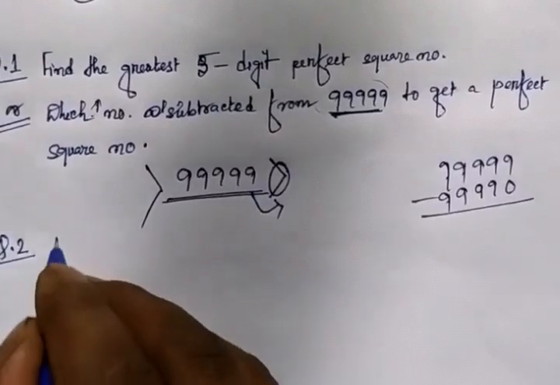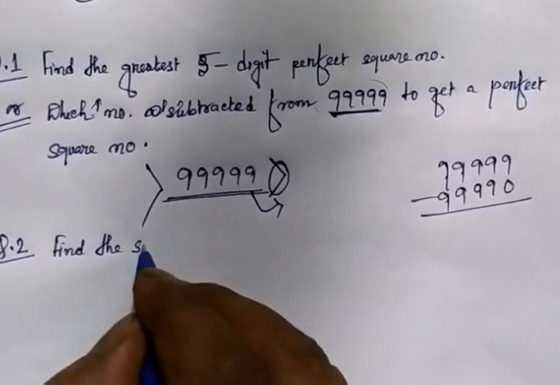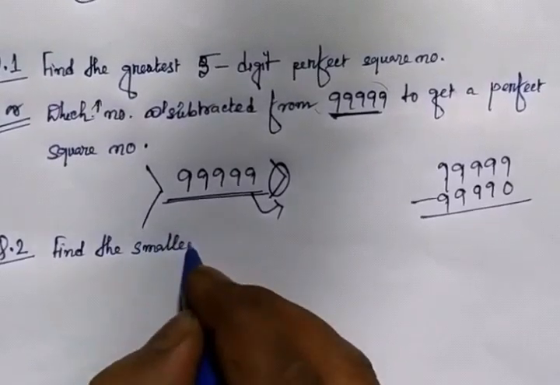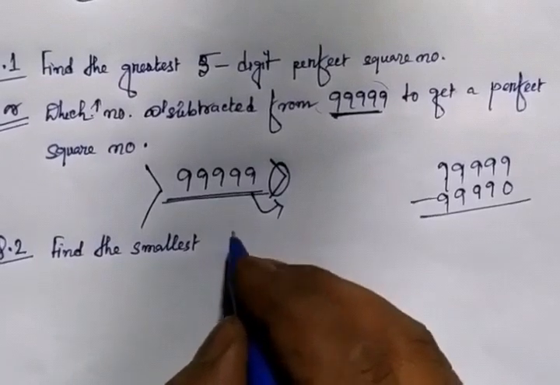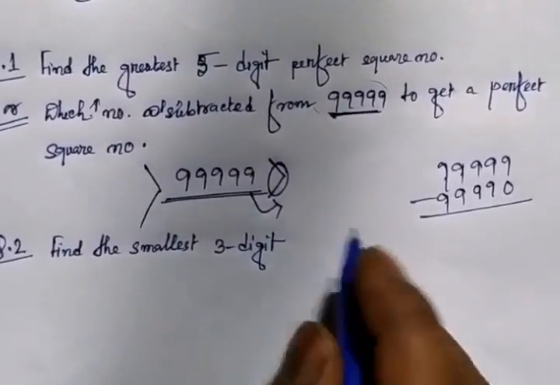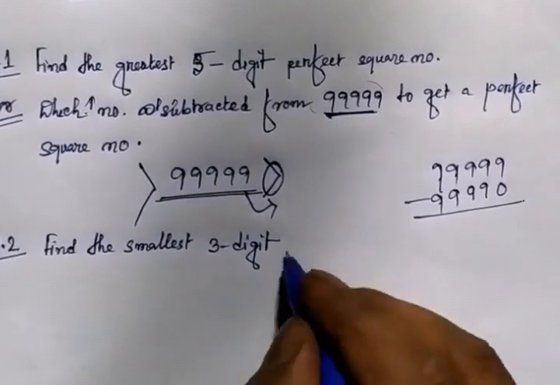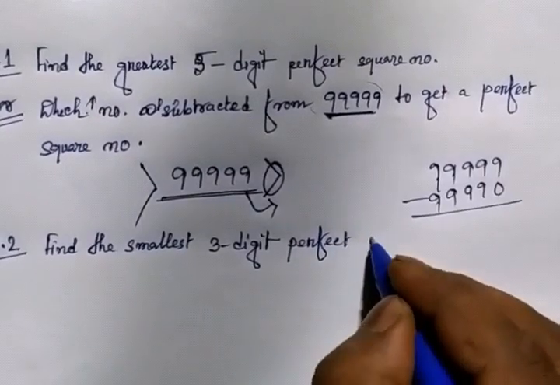Second question is: find the smallest 3-digit perfect square number.